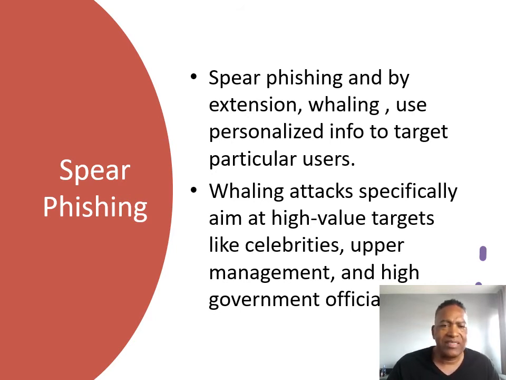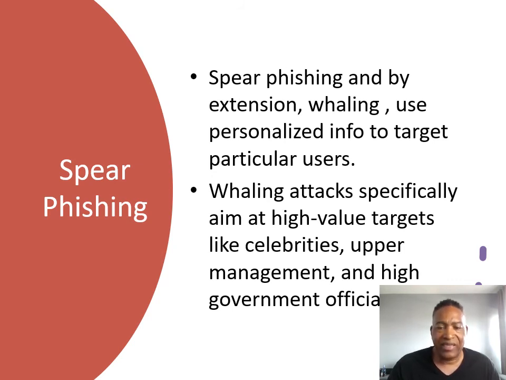And the way that this is done is within a company, the accounting department receives an email from someone that they believe to be the CEO of the company or some high-level official. And because it's from someone in authority, they assume that it's from that person. In a lot of cases, it is not.